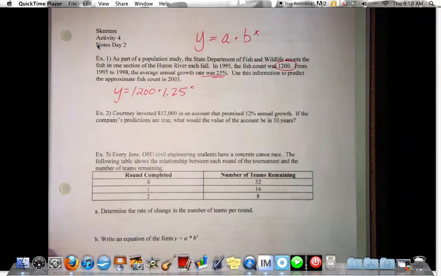to the x. Now we're asked to find or predict the approximate fish count in 2003. So, when was the fish count first taken? 1995. And we want to predict in 2003. So how many time periods? 8. So what do we do with the 8?